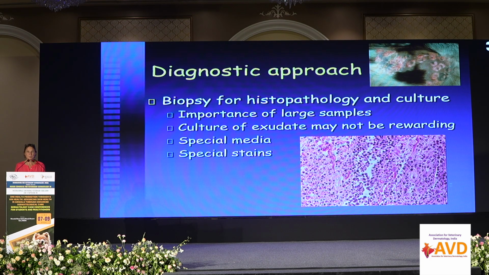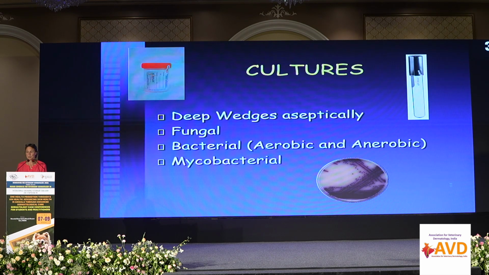So it is important to provide, if at all possible, a large sample, because otherwise you may have a negative culture result just because there are very few organisms. And then there are some infections in which you need special media, so you need to know what you're going after, because they may not grow in just a regular aerobic culture. And I'm going to get into that.